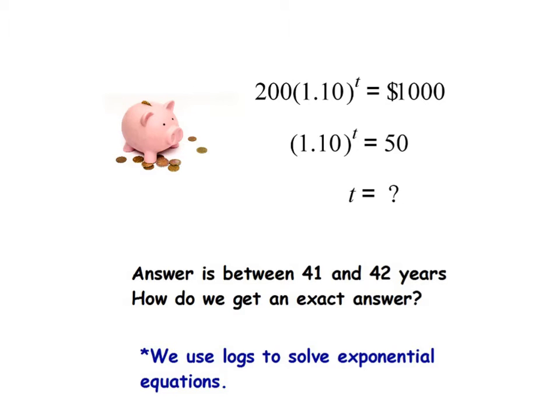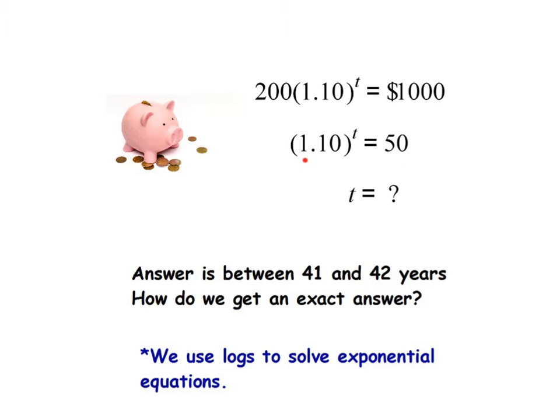So let's take a minute and see why we need to learn about logs and how important they are. Say we had this exponential growth function: we put $200 in the bank, it had a growth percentage of 10% each year, and we want to know when it will reach $1,000. So we divide both sides by 200.